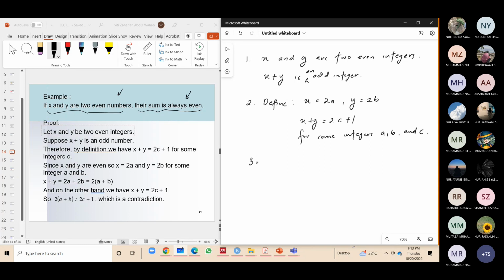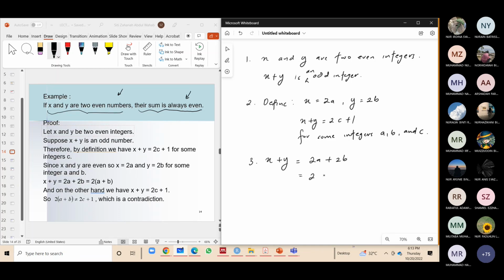Then third step, we prove. When we want to prove, we go back to the statement, the question. X and y are two even numbers, their sum is always even. So we have to prove that x plus y, where x and y we define as 2a and 2b, is 2a plus 2b.